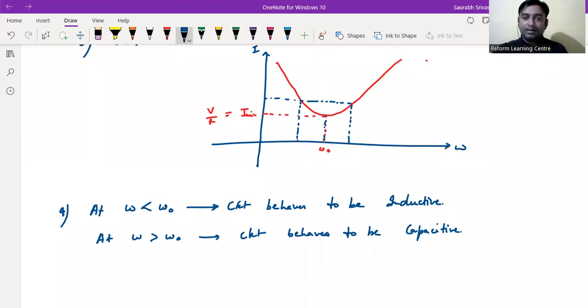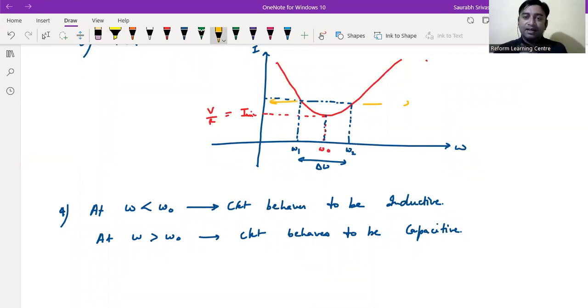ऐसा देखने को कह सकते हैं कि at this frequency band, conduction is not present. At higher frequencies, there is more conduction. At lower frequency, there is more conduction. So the filter is passing lower frequencies.